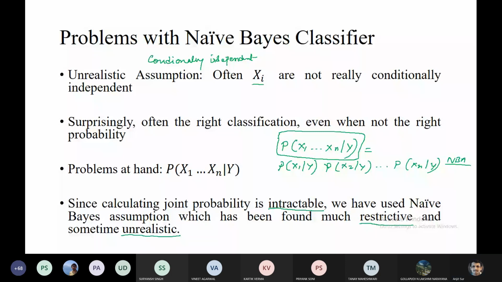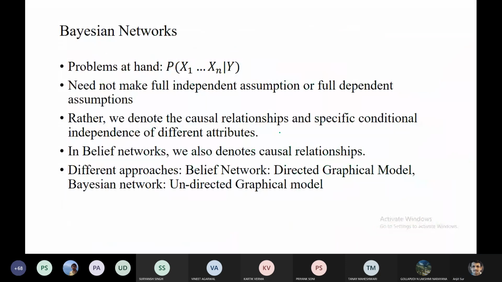What to do? As I said in the first slide, the solution comes in the form of a Bayesian network. This is the problem in hand.